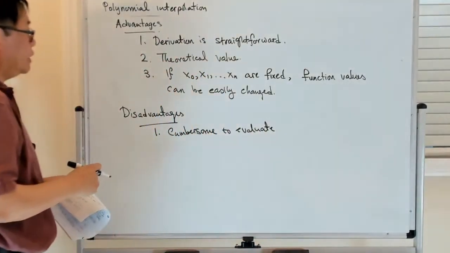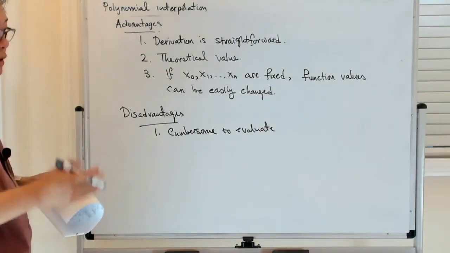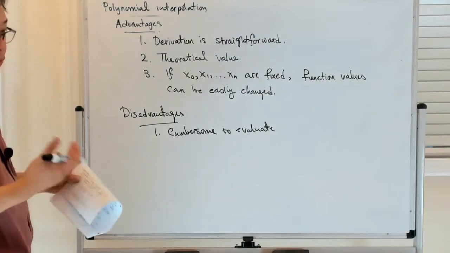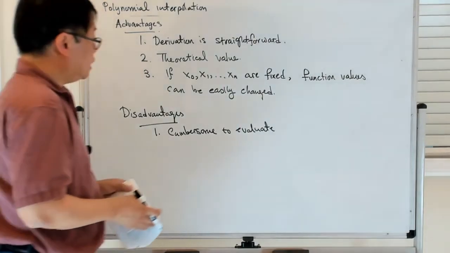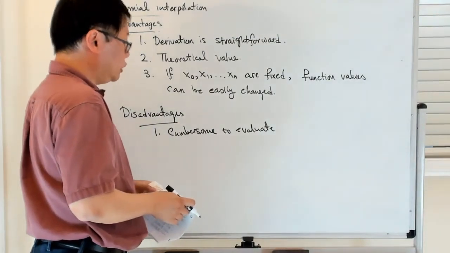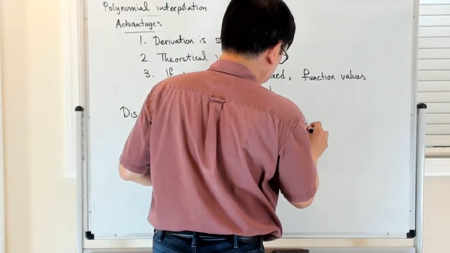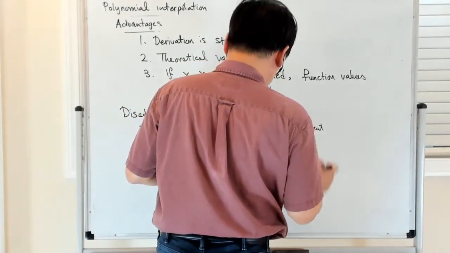What I mean by that is that if you look at trying to evaluate that interpolating polynomial, each of those terms don't really lend themselves nicely to, say, using Horner's method to speed up the evaluation. So this is very inefficient in terms of the number of operations.